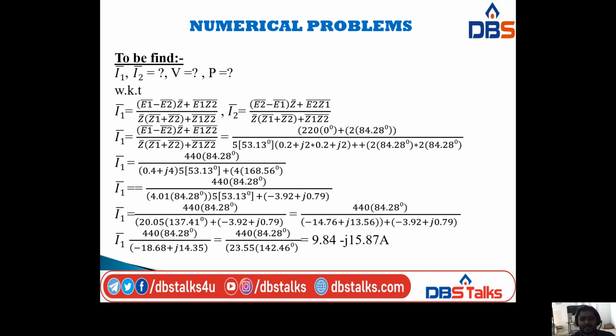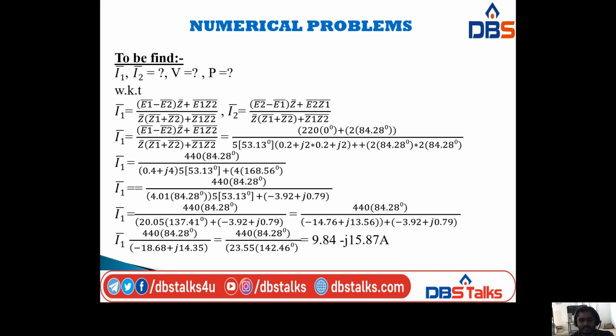So Z1 is 0.2 plus J2, plus Z2 value is 0.2 plus J2, and plus Z1 bar into Z2 bar, that is we already calculated Z1 value and Z2 value, that is 2 at an angle of 84.28. Please substitute here, and after that we have 220 into 2 means we have 440. So 440 at an angle of 84.28. Here E1 bar minus E2 bar into Z bar is 0.